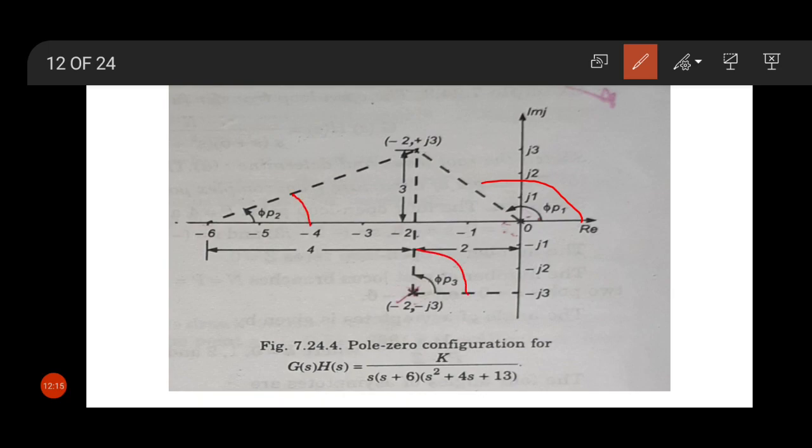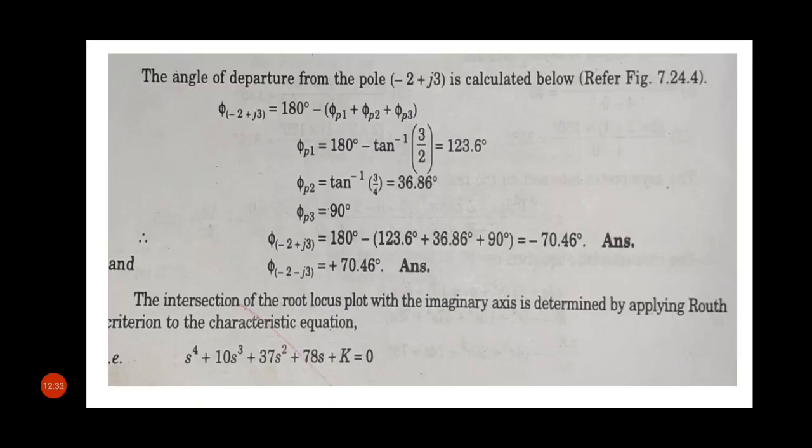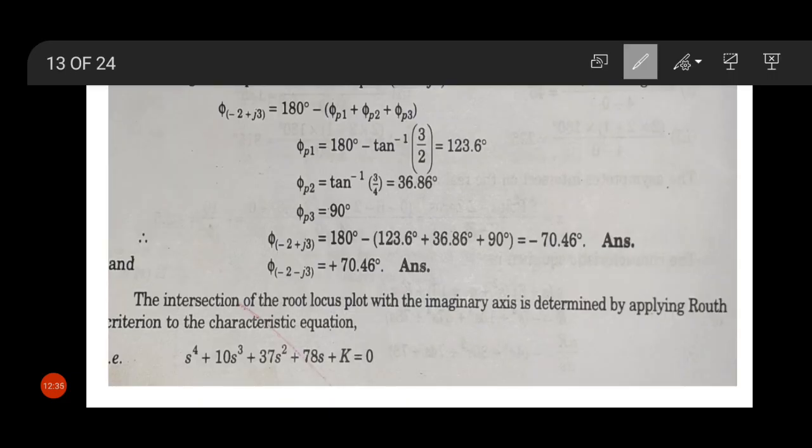Okay, so how do we calculate phi p1? Phi p1 is basically 180 degree minus this angle. This angle is nothing but tan inverse 3/2. So phi p1 is equal to 180 degree minus tan inverse 3/2, that means 123.6 degree.